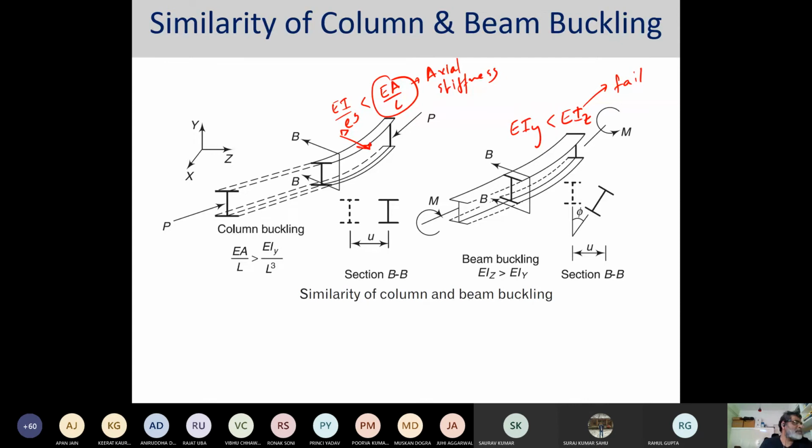Is this making sense? In buckling, you're always saying that in this direction, the section is weaker than in that direction. Similarly, in column buckling, in this direction, the structure is stronger than in that direction.